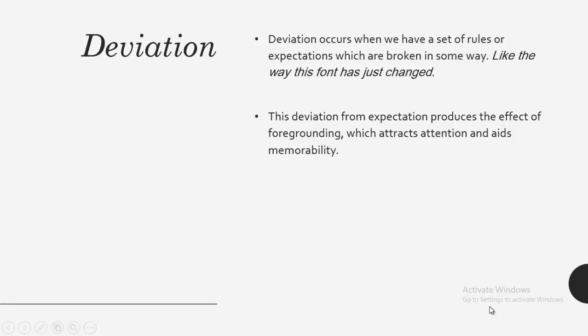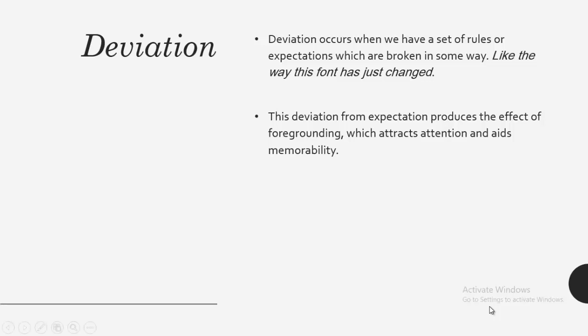So you can say that in the second sentence, the writer has deviated from the font type he used in the first sentence. So if a writer breaks the rules or expectations in some way, we would term it as deviation.